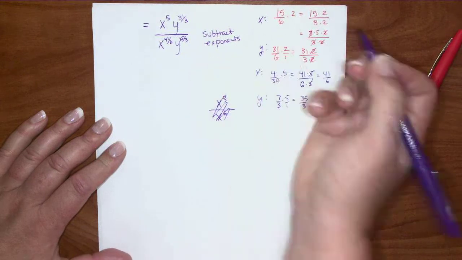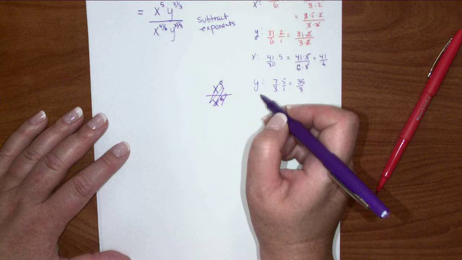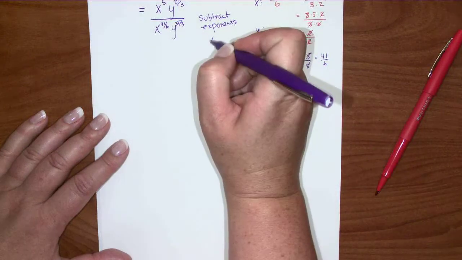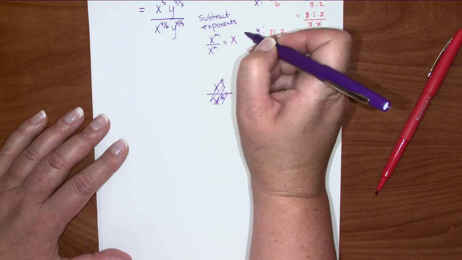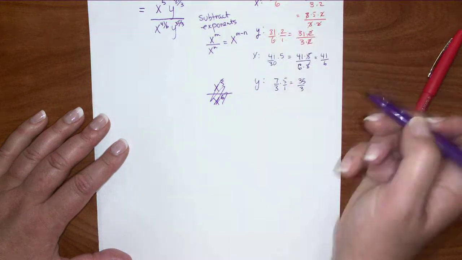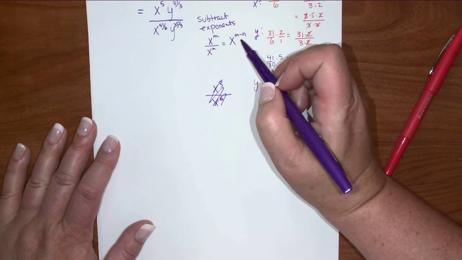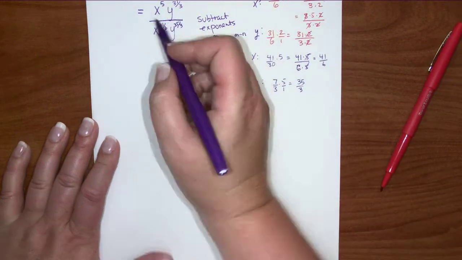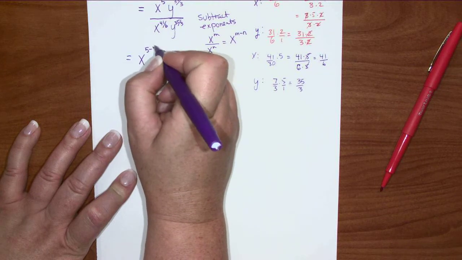So how do we subtract exponents? The rule was this: x to the top minus the bottom. It's really like you're bringing the bottom up, and it becomes a negative n when you bring it up. So here we would have x to the 5 minus 41 over 6.